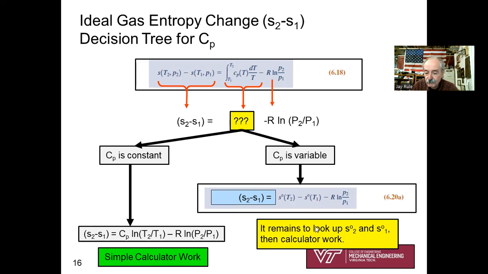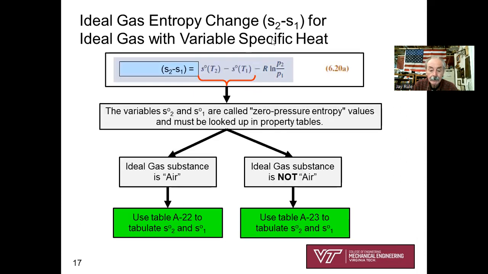So it remains for us to look up in tables values for S02 and S01. These are going to be lookup values in tables, S02 minus S01. These S0 terms are called the zero pressure entropy values, and they're looked up in tables.